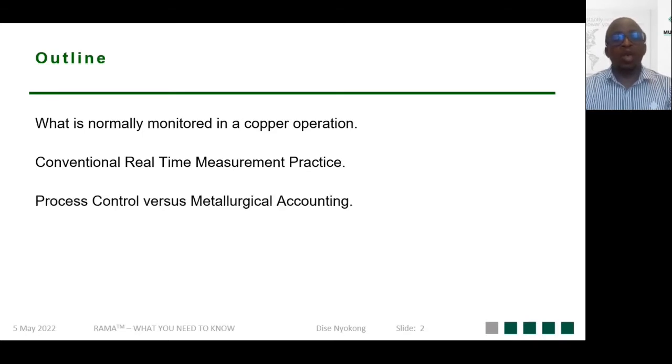Then I'll touch a bit on process control versus metal accounting. Then I'll introduce you to this phenomenal RAMA system that we've packaged as a new system for most of our clients. And lastly, the recap.